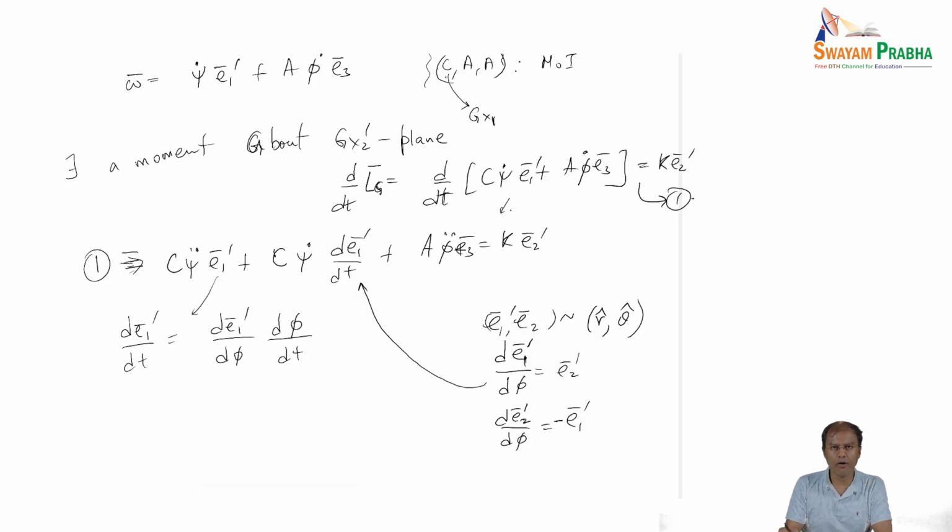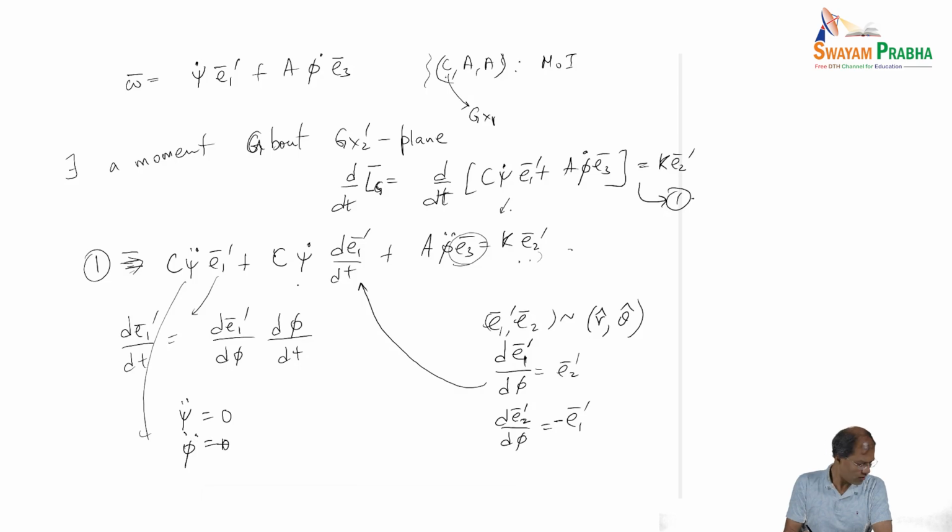we equate component wise. We equate the E1 component with E1, which is 0, E2 component with E2, which is K, and E3 component with E3, which is 0. So from here we get three relations: psi double dot is 0, the E1 prime component will not be matched, and will be matched to 0.